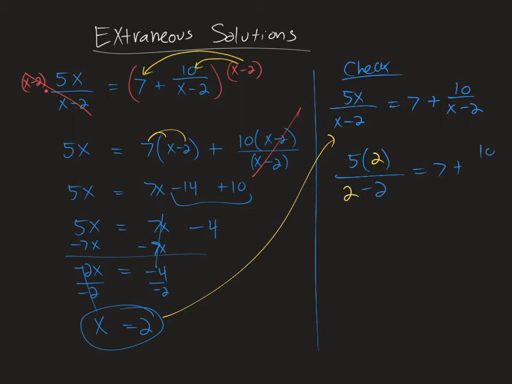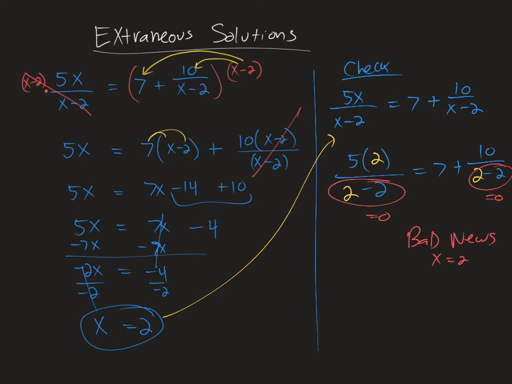And again, over here, if I do 10 over x minus 2, where x is 2, we also run into problems because this equals 0, and also this equals 0. We've got bad news for x equals 2, because that's not a solution, right?